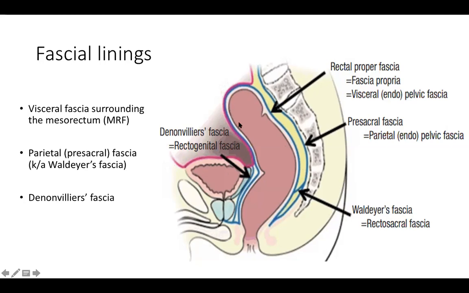Anteriorly, it is covered by the rectal fascia, but on top of that is the reflection of the peritoneum. Now, the peritoneal reflection is not along the entire extent of the rectum, and we will be discussing it further on. While lower down, beyond the peritoneal reflection, is the so-called Denonvilliers fascia, which separates the rectum from the prostate.